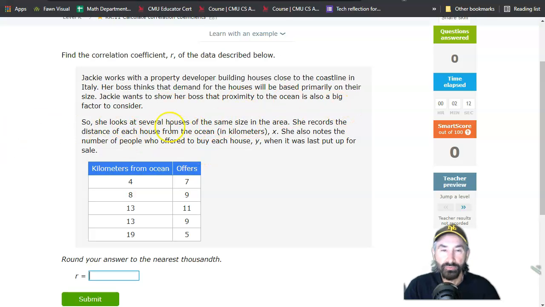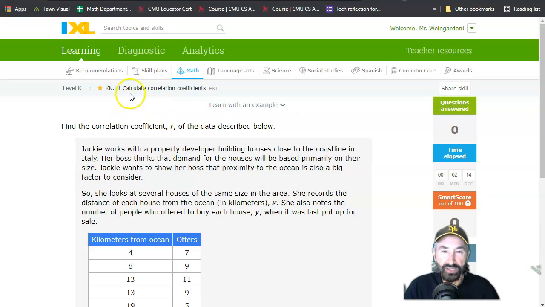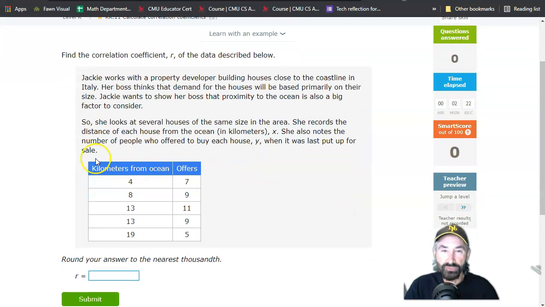So I just pulled up one of the random problems in this skill, calculate correlation coefficients, and it says find the correlation coefficient R of the data described below. Jackie works with a property developer building houses close to the coastline in Italy. Her boss thinks that the demand for the houses will be based primarily on their size.